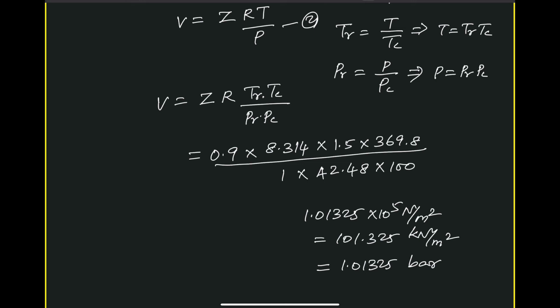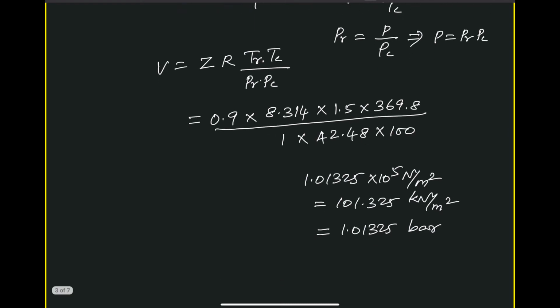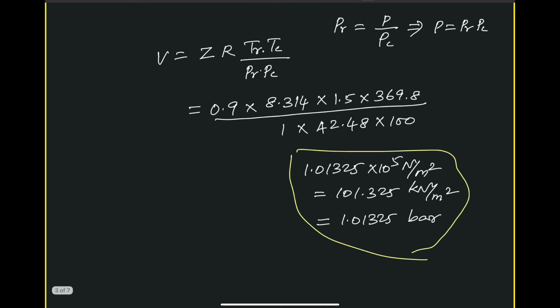So 42.48 into 100 is for converting bar to kilonewton per meter square, because R is available in terms of kilojoule per kmol Kelvin, and kilojoule is kilonewton per meter square into meter cube. Let us take this aside; it is just to get the relation between Newton per meter square and bar.